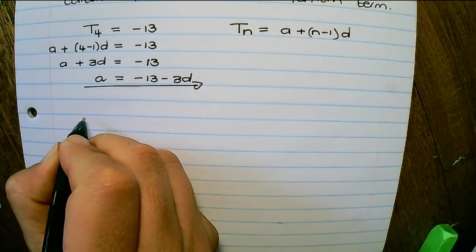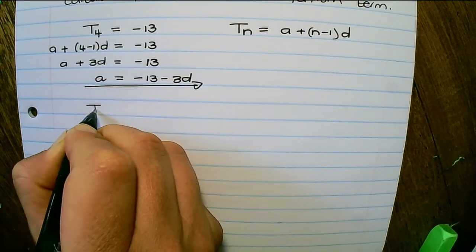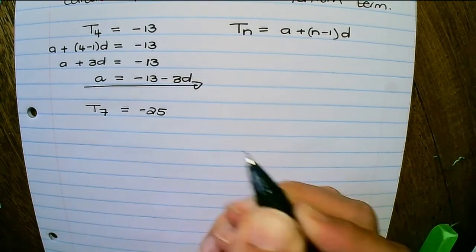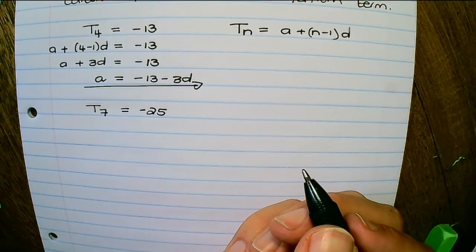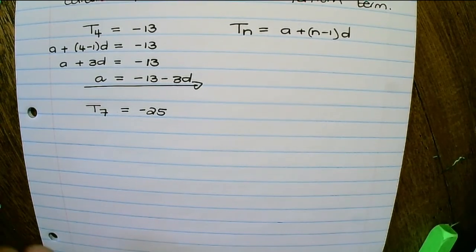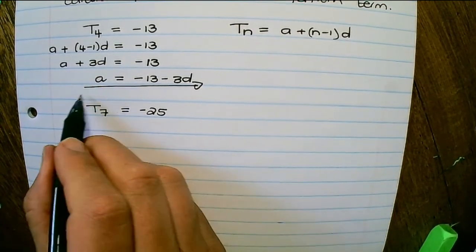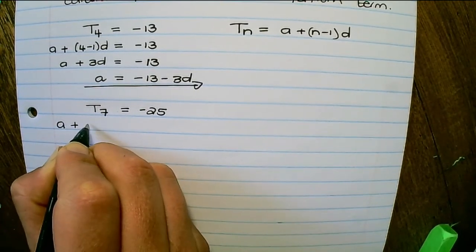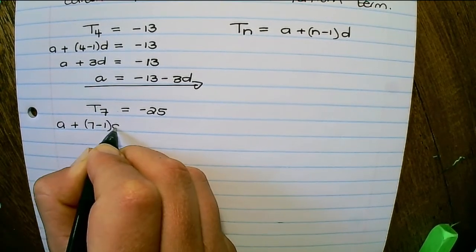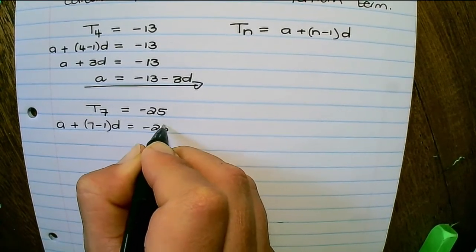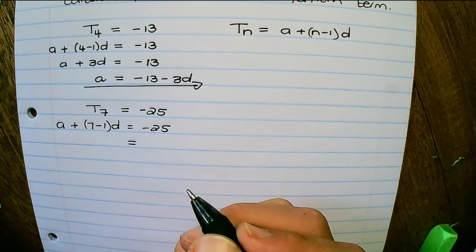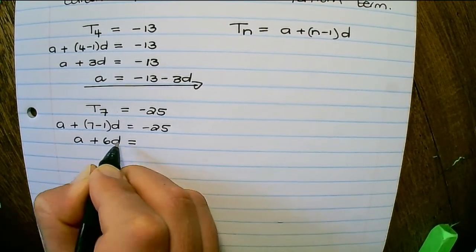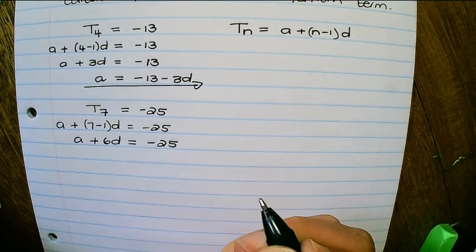The second piece of information that we have is that term 7 is equal to negative 25. So term 7 can be written as a plus (7 minus 1)d equals negative 25. That is the same as saying a plus 6d is equal to negative 25.